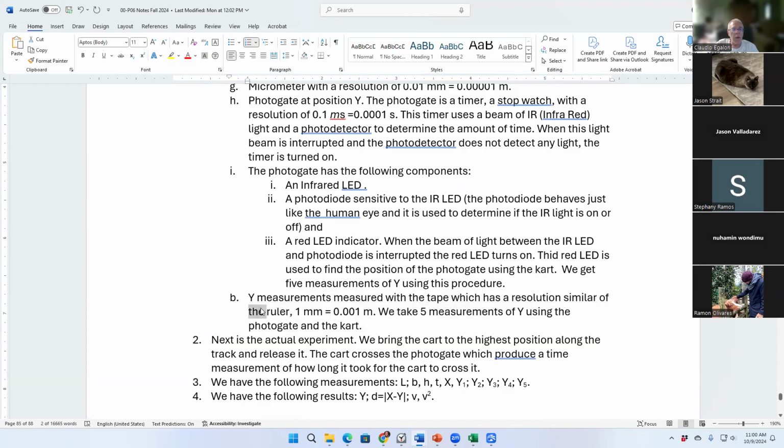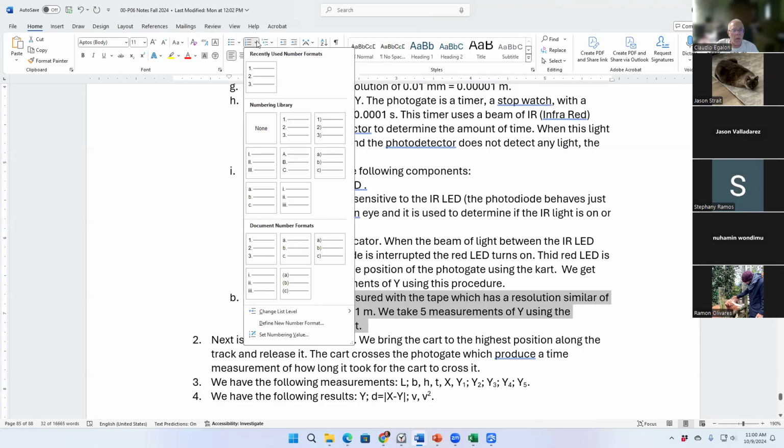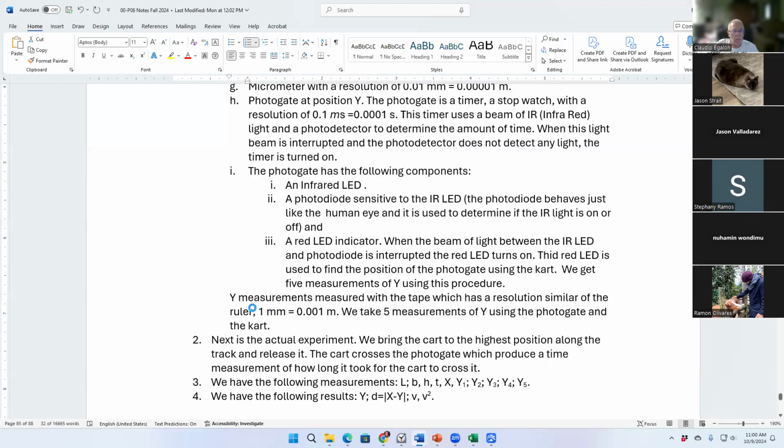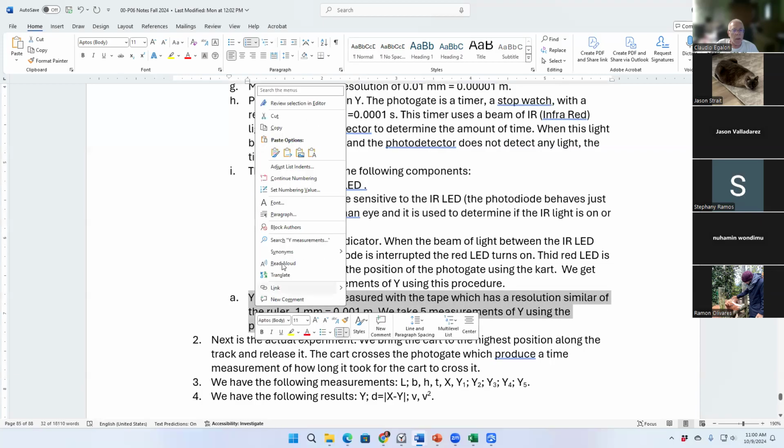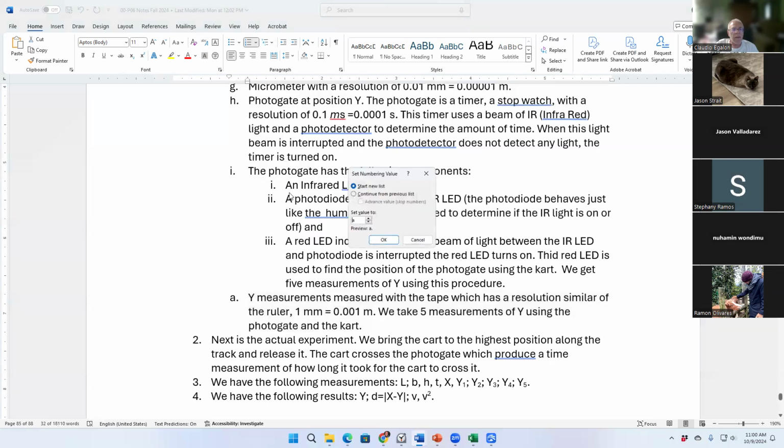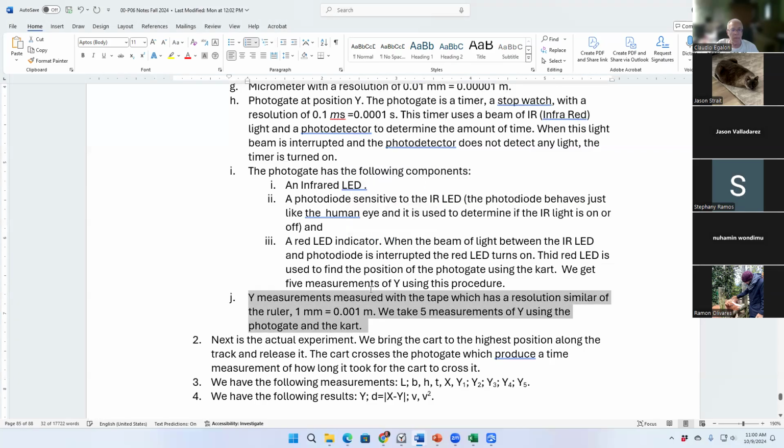Supposed to be J. Okay. Setting numbering value, J. Sometimes Microsoft Word doesn't do everything that you need it to do.